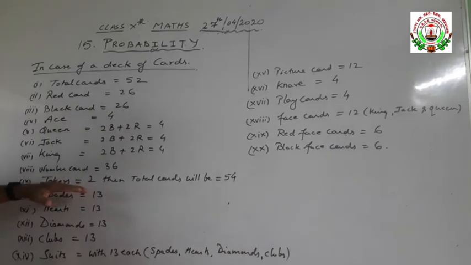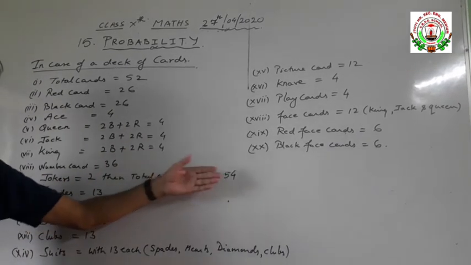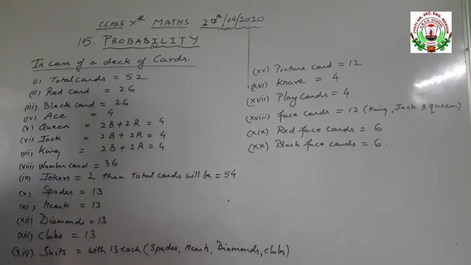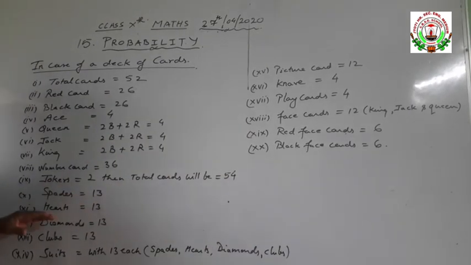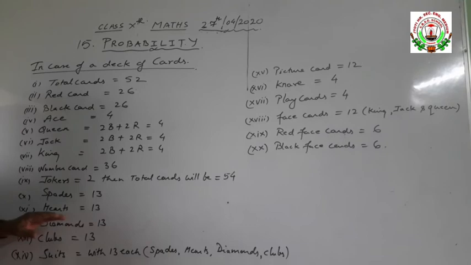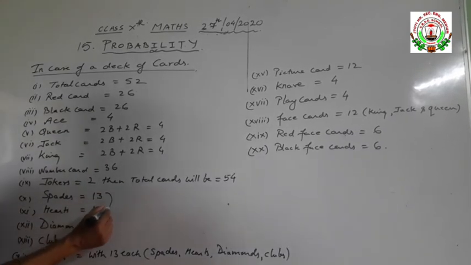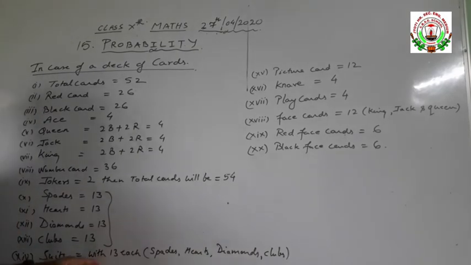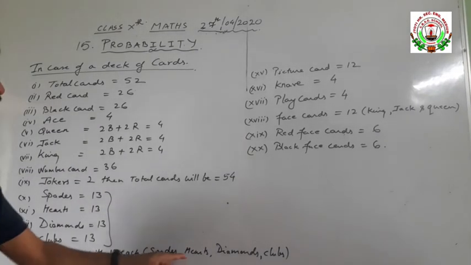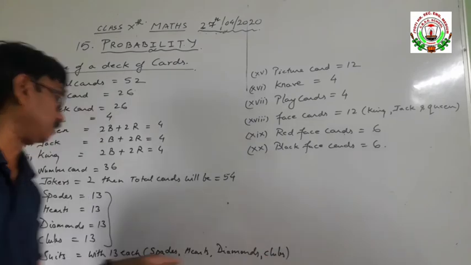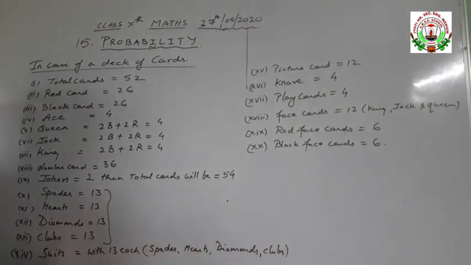Jokers 2 are there; if we include them, then the total number of cards will become 54. Spades 13, hearts 13, diamonds 13, clubs 13. These 4 are taken as suits with 13 cards each: spades, hearts, diamonds, clubs together are known as suits.